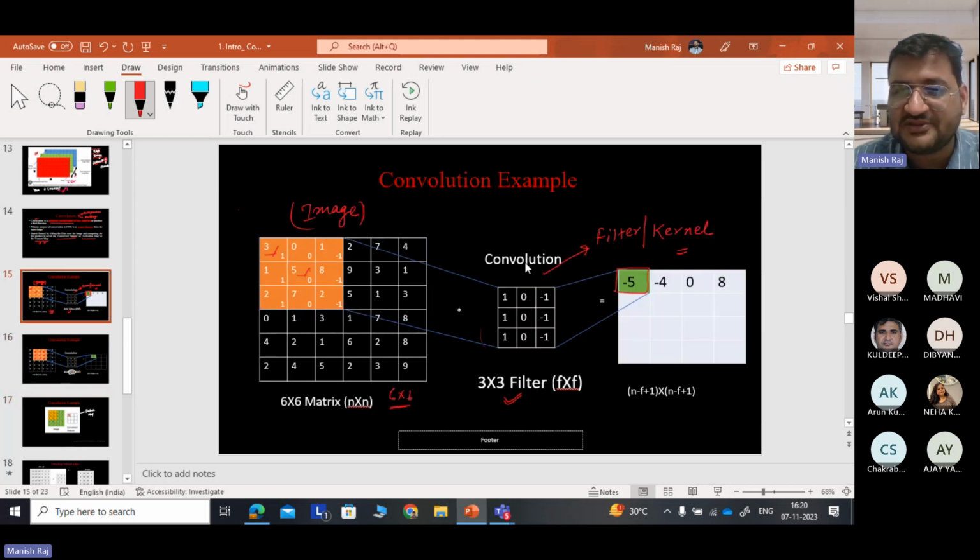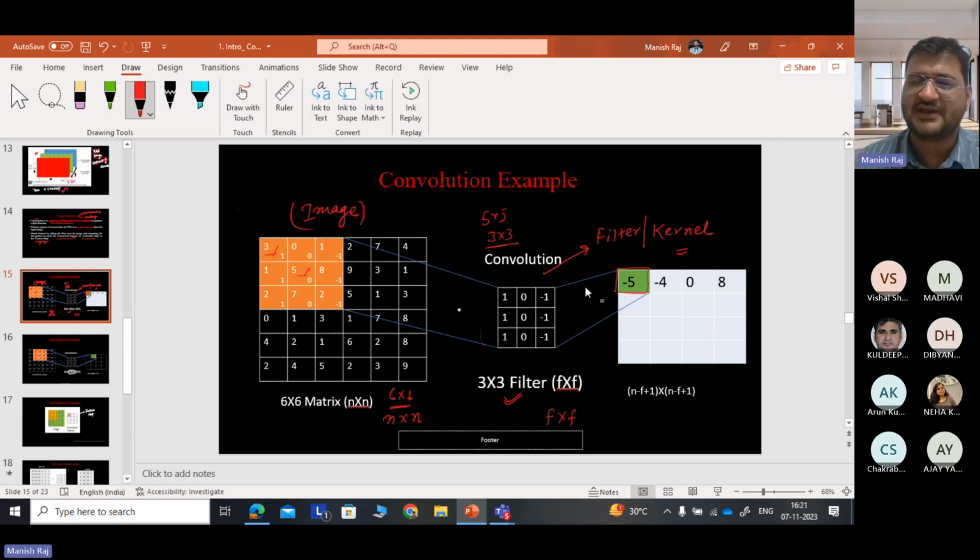Now what should be the size of this? That is the important thing. If you are taking the input as n cross n, and the filter size f cross f, most of the time you will see a 3 cross 3 filter, but it can vary: 5 cross 5, 10 cross 10, whatever you can take according to your data.